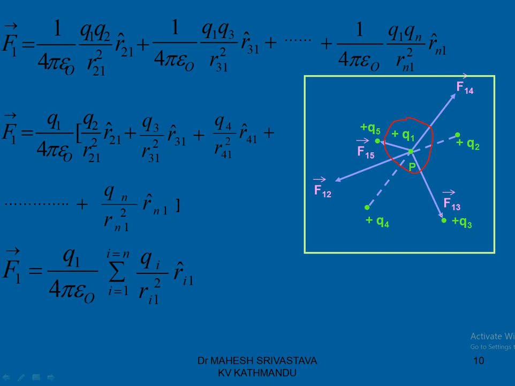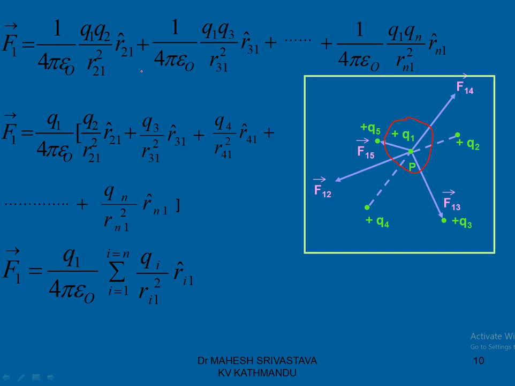So see here, when the charge Q1 is placed here and all other charges are exerting force on the charge Q1, then the total force acting on the given charge Q1 becomes F1 vector equal to 1 upon 4 pi epsilon naught Q1 Q2 upon r21 square r21 cap. r21 cap is the direction of force.